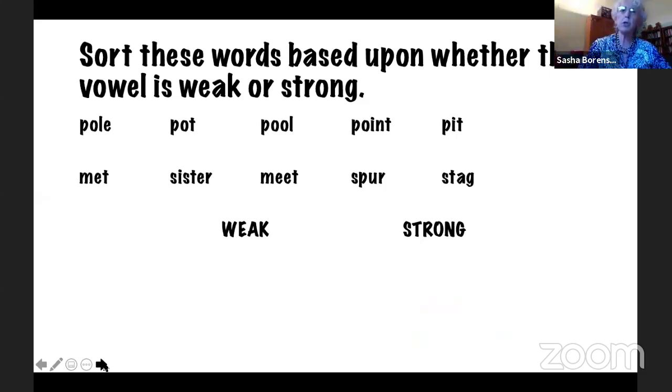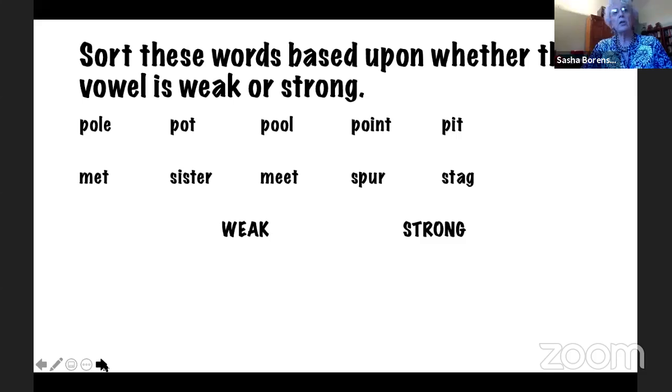And nobody's going to push it around and change its sound. How about the word ORE, like in the metal, ore? That would be strong. It's a strong vowel, and it's got an E after it, and that E could jump over. That's what we've learned, haven't we? But OR is a two-letter vowel, a digraph, and it is strong.